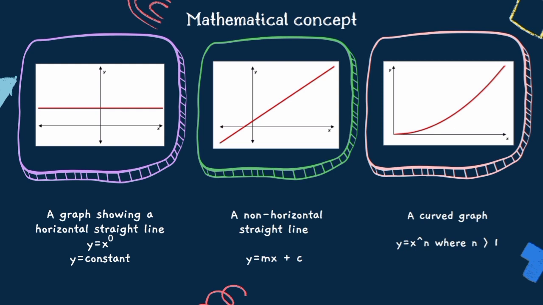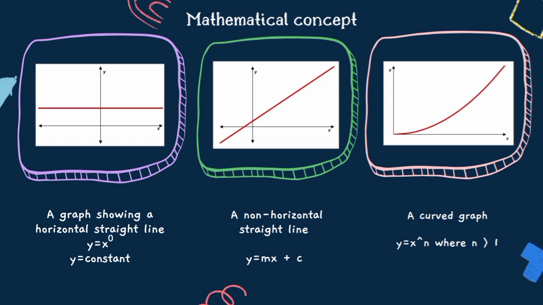Okay, the next, in mathematical concepts, there are three general graphs: a graph with a horizontal straight line, a graph with a non-horizontal straight line, and a curved graph. For the first is a graph showing a horizontal line parallel to the x-axis, so that the variable plotted on the y-axis is independent of the variable plotted on the x-axis.